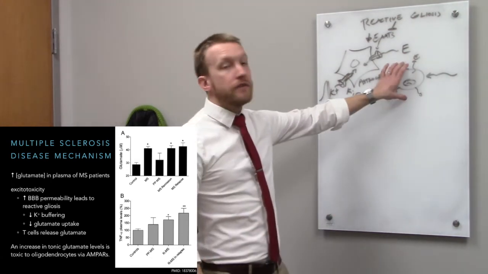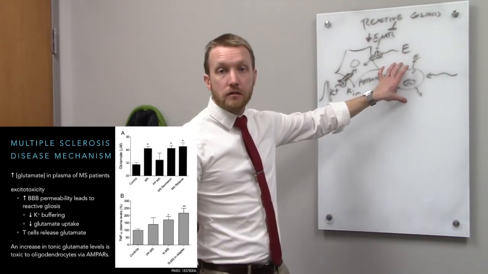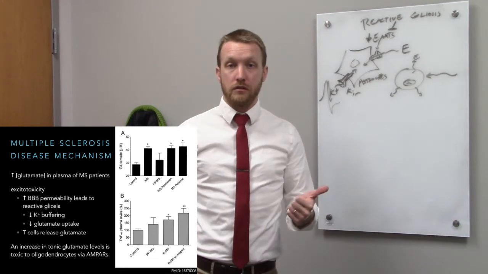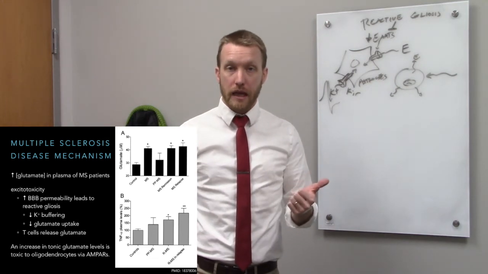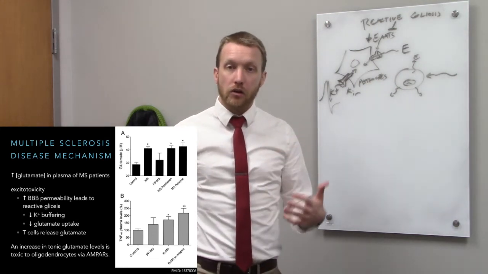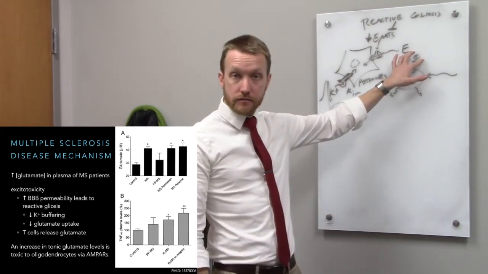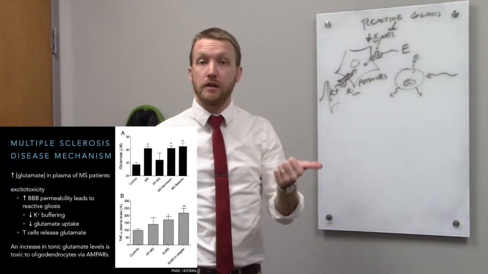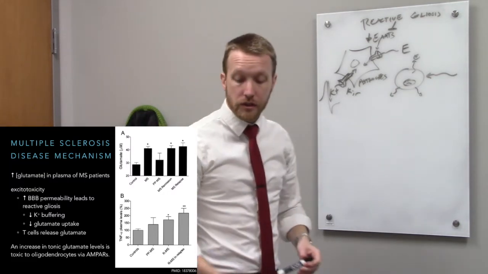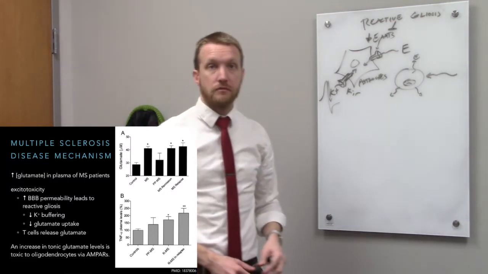So that foreign invasion of immune cells not only could target myelin and break that down, but they can also then release glutamate and drive excitotoxicity. Excitotoxicity not only in neurons, but also in oligodendrocytes.